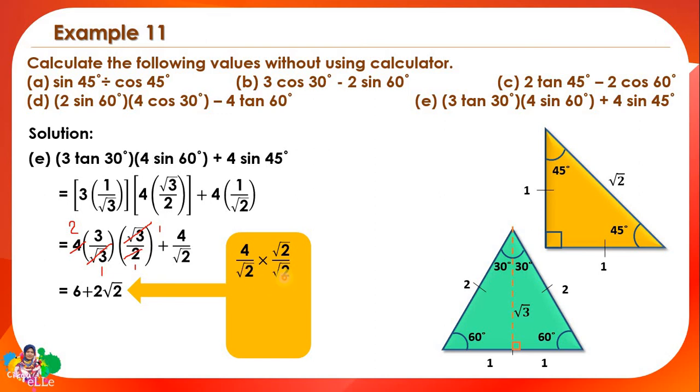Square root 2 times square root 2, you get 2. 4 times square root 2, you get 4 times square root 2. Then you simplify this one. Divide by 2, 4 divided by 2. Therefore, you get 2 times square root 2. This one is the final answer. Okay?